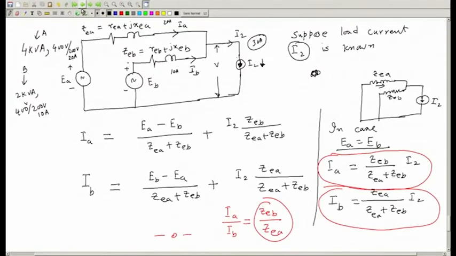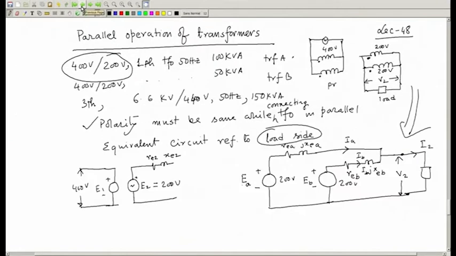Recall that in our last class I took an example of two transformers, transformer A and transformer B. If you want to connect them in parallel, it means connecting the primaries of transformers A and B in parallel and energizing with the rated voltage.